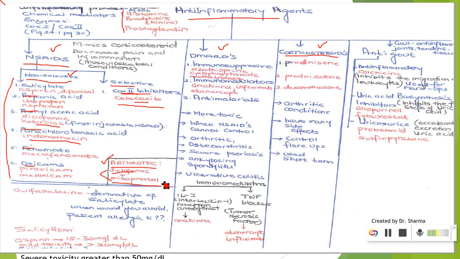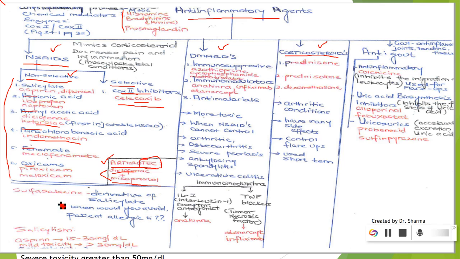So the patient will not experience, or maybe experience very minimal, gastric erosion or bleeding. Remember this trade name drug Arthrotec, very important. Arthro means used for arthritis, especially rheumatoid arthritis. And tec that you see here is basically protecting the stomach lining.